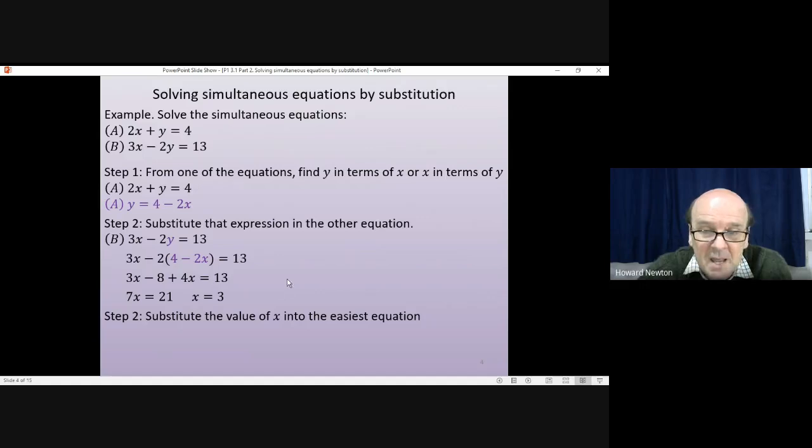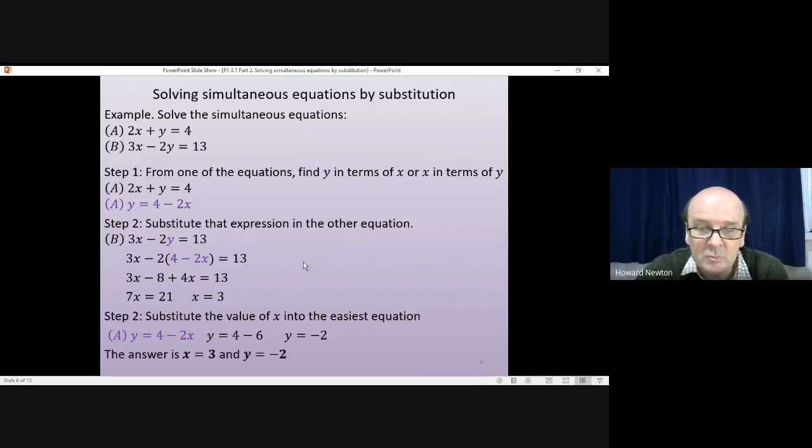So I substitute x into the easiest equation, which is y equals 4 minus 2x. X is 3, so I'll get 4 minus 6, and 4 minus 6 gives me y equals minus 2. That's the question done. The solution would be x equals 3 and y equals minus 2.